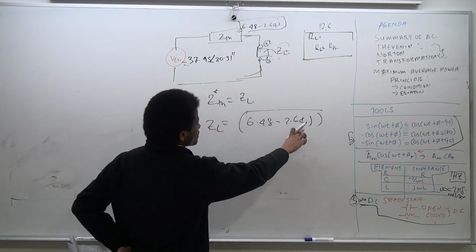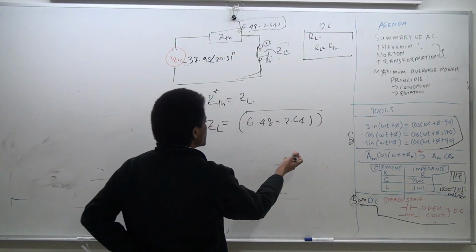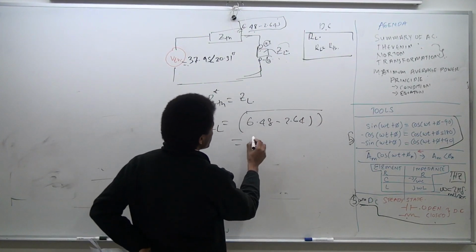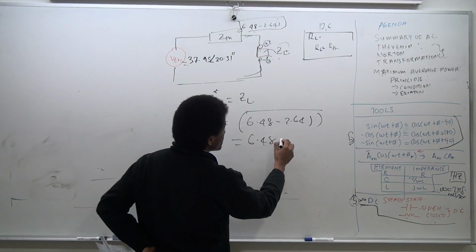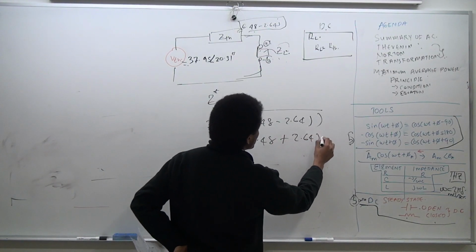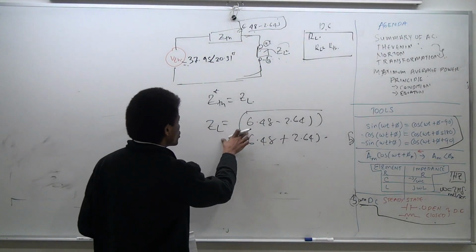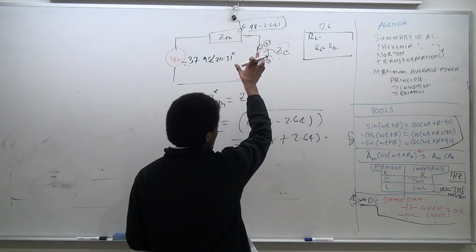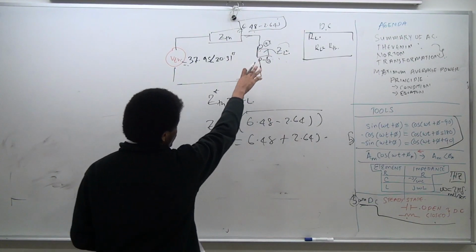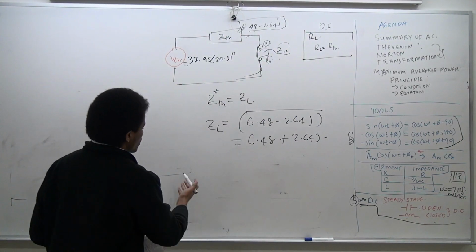A conjugate just says go into your expression and anytime you find a J, take the negative of it. So in this case, it's going to be 6.48 plus 2.64 J. This is the critical condition required to draw average maximum power from the circuit. Once this holds, you can find the maximum power using the formula.